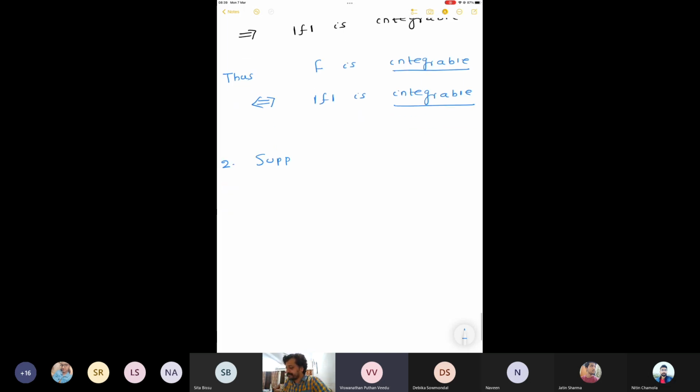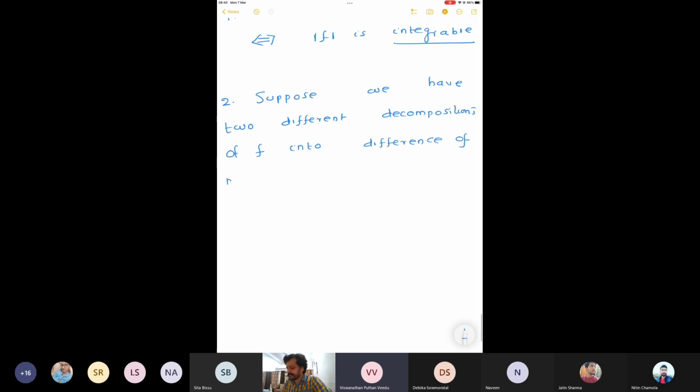Suppose we have two different decompositions of f into a difference of non-negative functions.